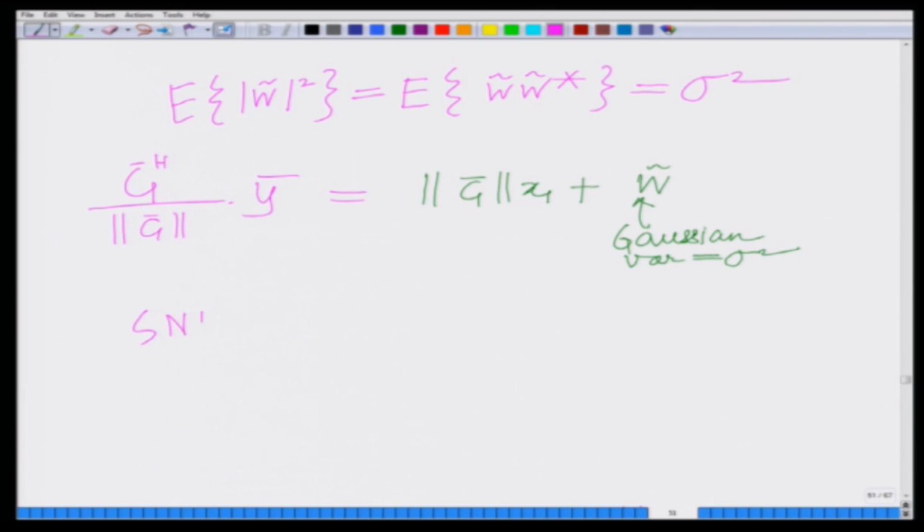Therefore, the SNR is equal to norm C1 bar square times expected value of magnitude x1 square, where x1 is the transmitted symbol, divided by sigma square.